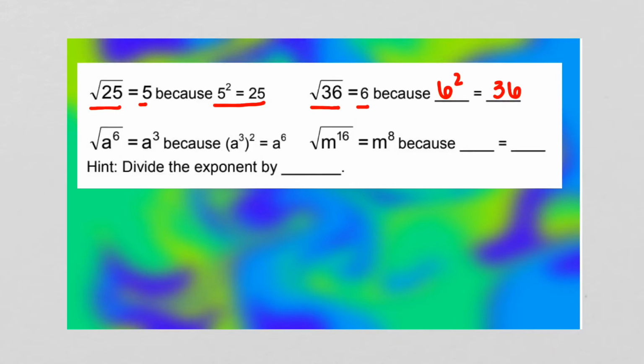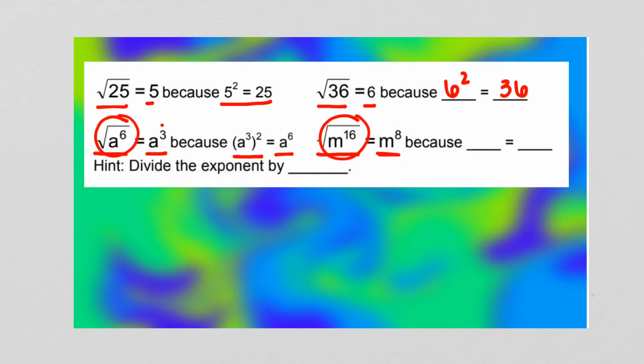Now that's in terms of numbers, but we're also going to deal with variables. So you have the square root of a to the 6th is equal to a cubed. And that's because if you were to square a cubed, you would get a to the 6th. So now when I look at the square root of m to the 16th, both of these examples under the square root are even numbers.